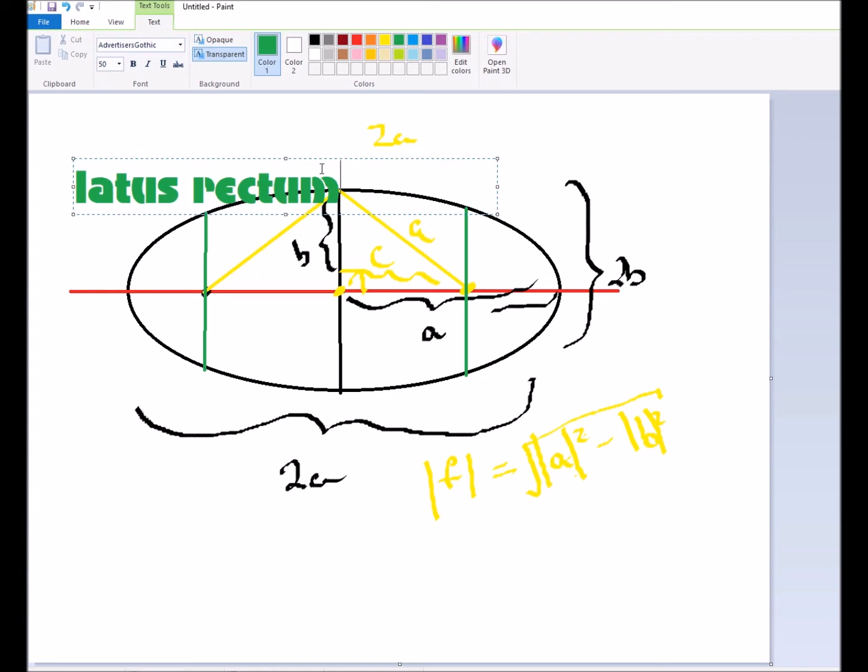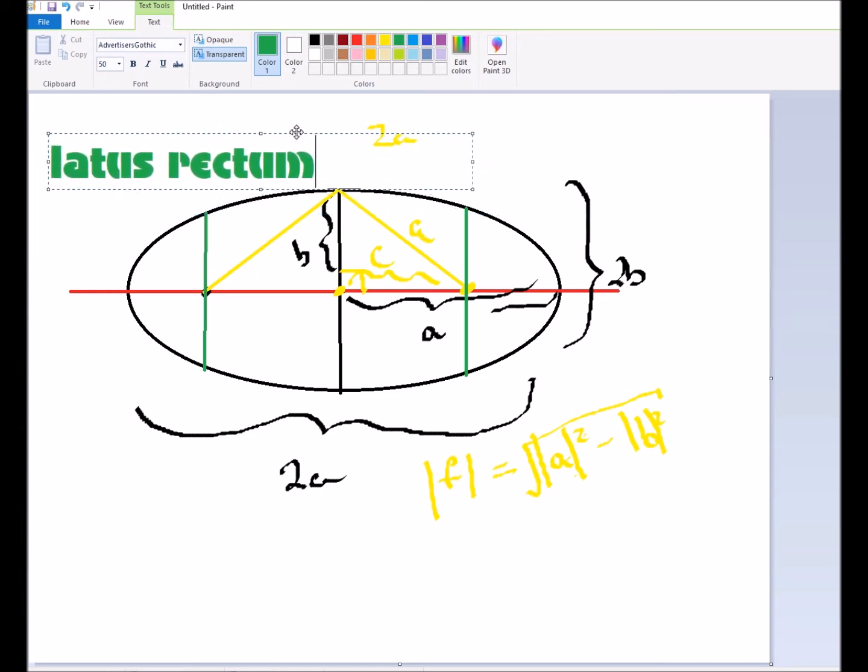So these lines are called latus rectums. What is so special about them? Well, they're unique to ellipses. Okay, so the length of these lines you can calculate using the same A and B.